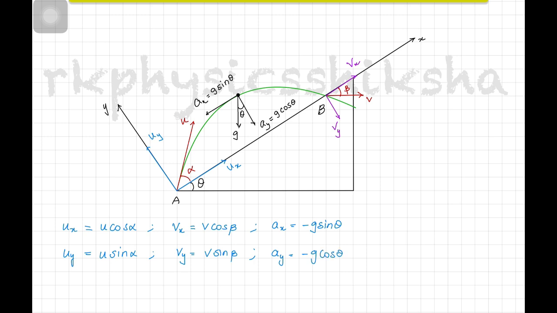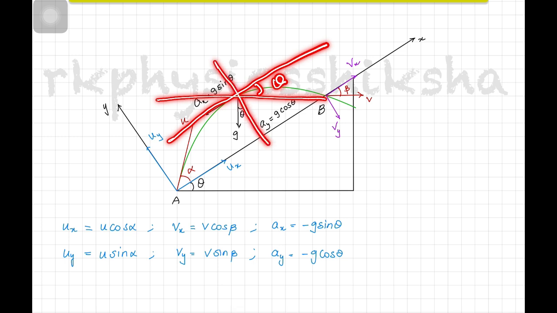Why we have taken theta here is because if you draw a parallel line to the base and a parallel line to the inclination, this angle here will become theta. So if you draw one line along the direction of the g value, its perpendicular components will again have an angle theta here.